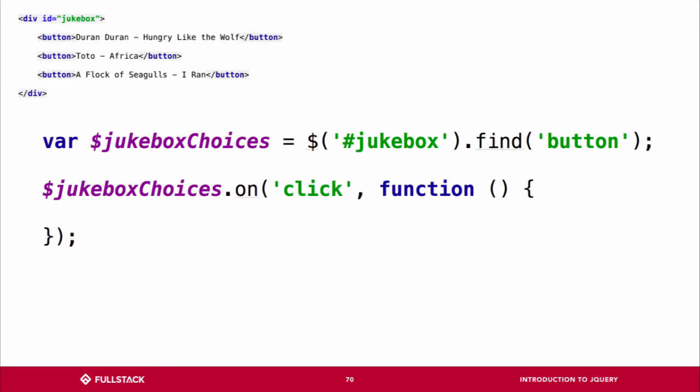So if we wanted to wire up all of the buttons underneath jukebox, we could say, here's the jukebox, find the button underneath it, and when any of these buttons are clicked on, we want to execute this callback function.